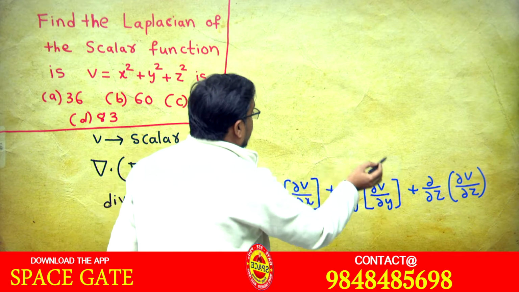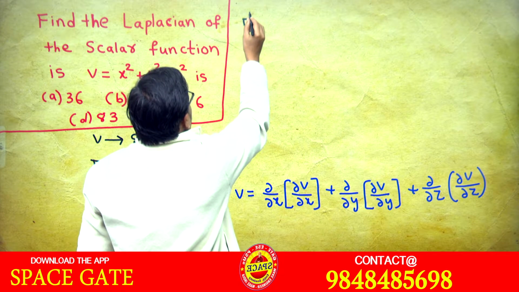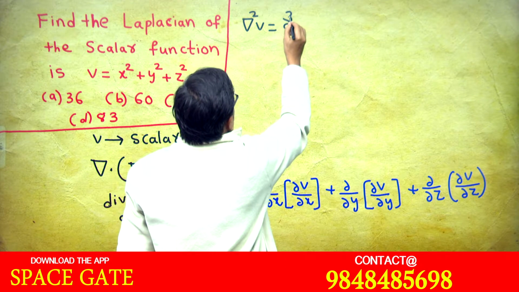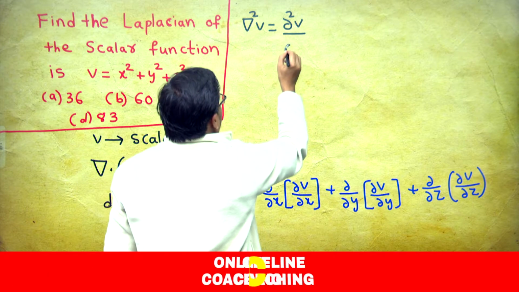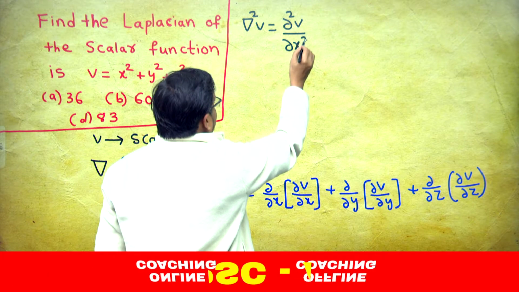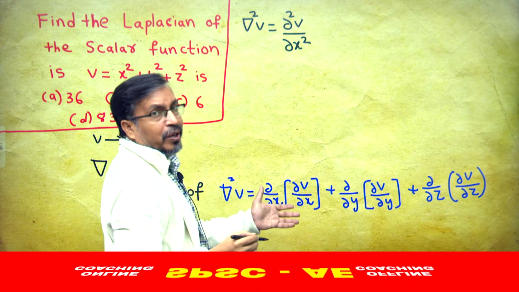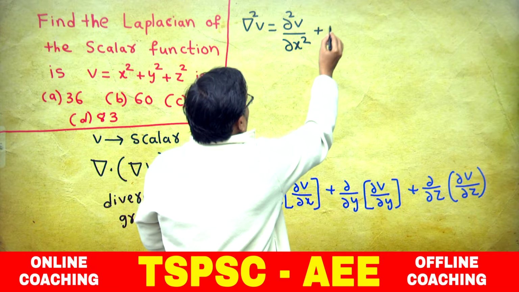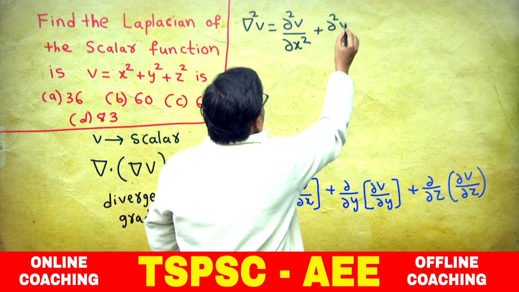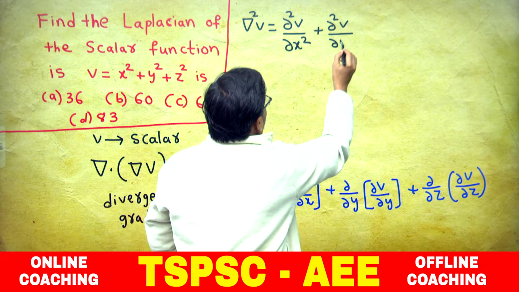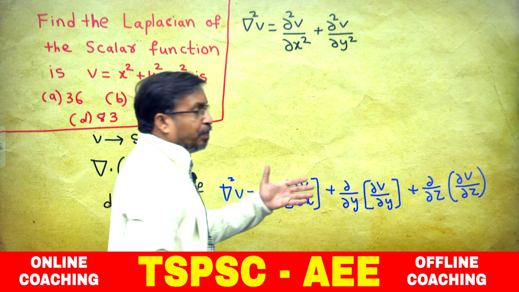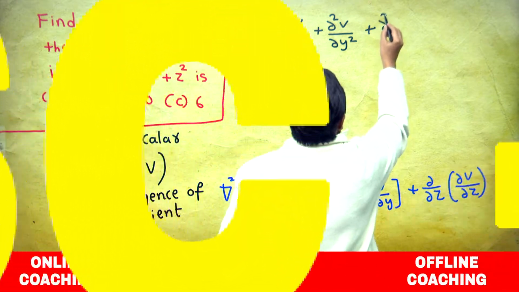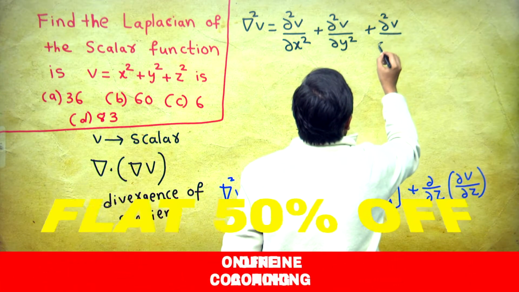Del square v equals ∂²v/∂x² plus ∂²v/∂y² plus ∂²v/∂z².